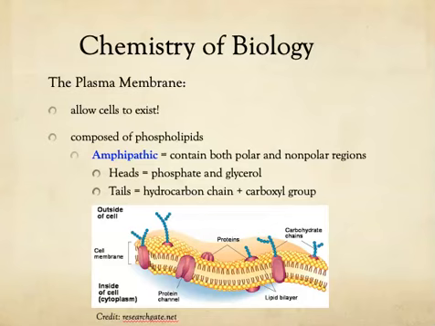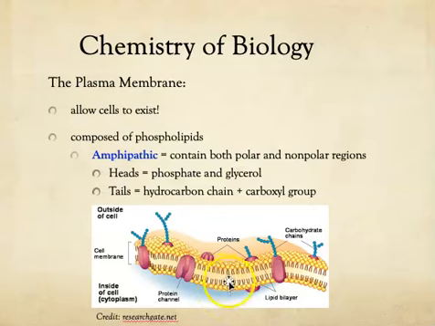When you attach the heads and the tails and you bring a whole bunch of phospholipid molecules together, they don't bind to each other covalently. They're simply attracted to each other. They form the bilayer spontaneously.